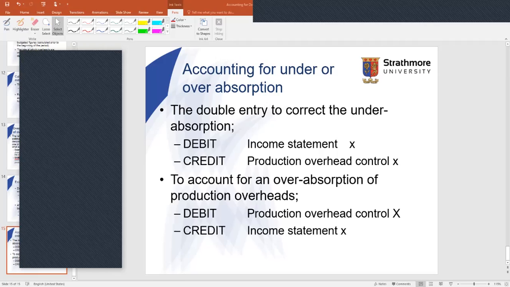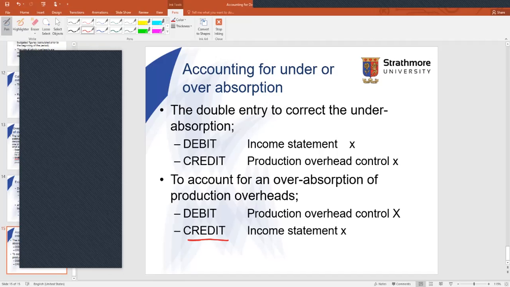So it's going to be a credit entry in the income statement, and we debit the production overhead cost. Incomes are a credit entry. Always remember that.